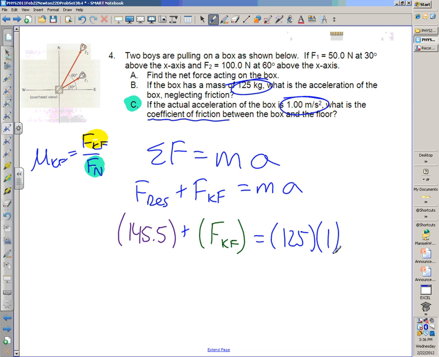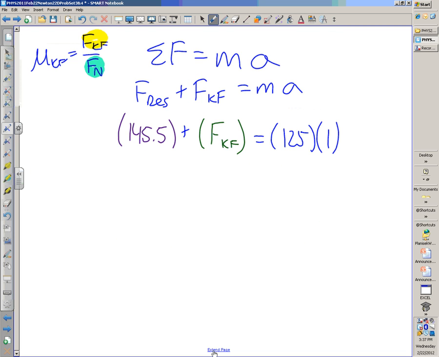It slowed down, which makes sense, because friction is the opposing force. You run these numbers through, and you should end up with friction being equal to negative 20.5 newtons.